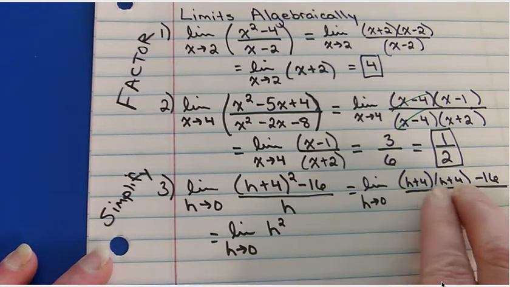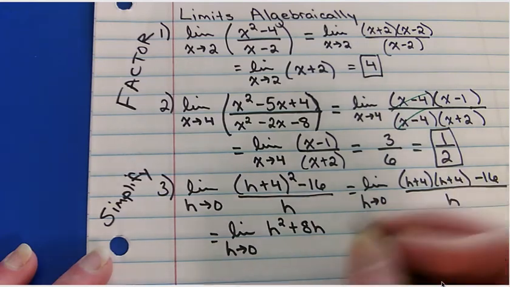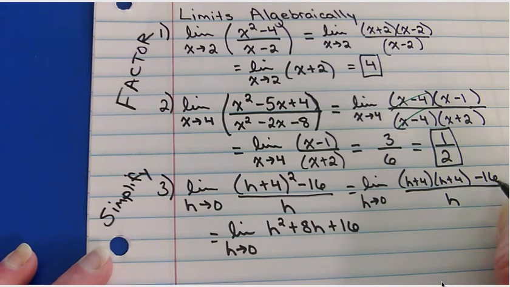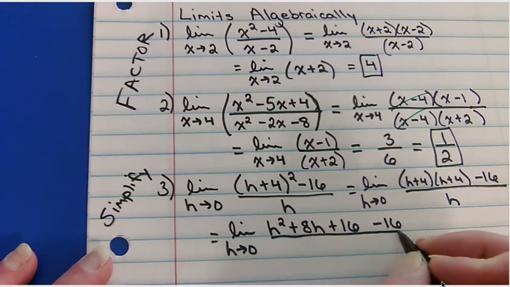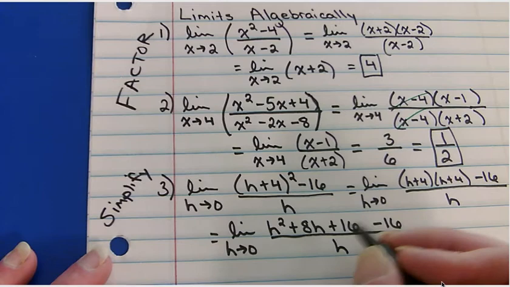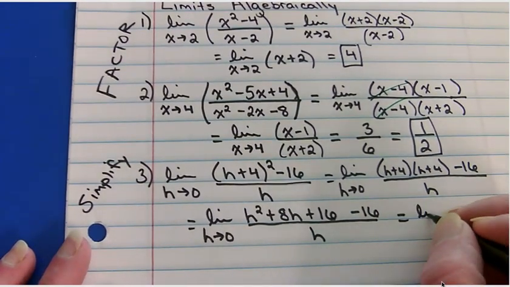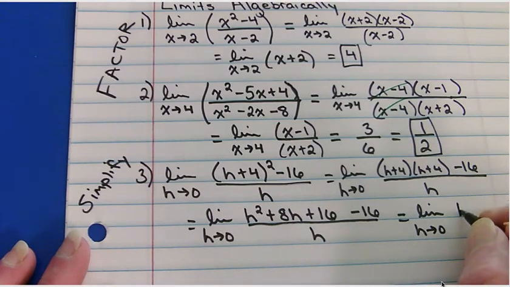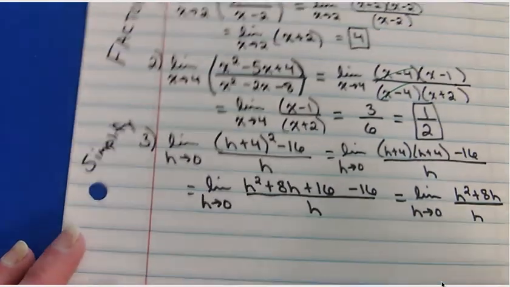I'd have 4h and 4h, that's 8h. And then plus 4 times 4 is 16. Then there's this minus 16 that's still at the end over h. Now, notice I have a 16 minus a 16. So I'm going to be left with h squared plus 8h over h in the denominator.